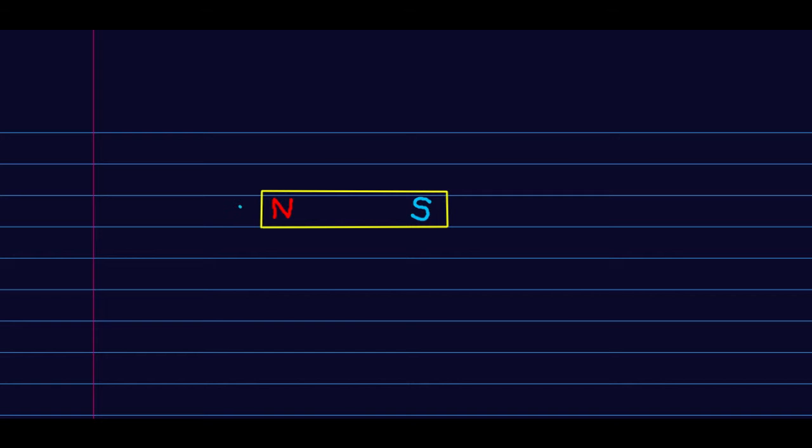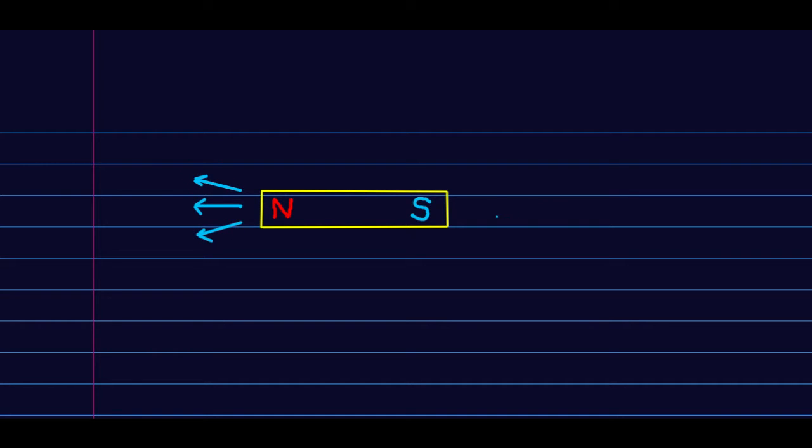So if we put a compass right here, we're going to find that its north-seeking pole is repelled from the north-seeking pole of this magnet, and its south-seeking pole is attracted to it, and so the compass would point this way. That is the direction of the magnetic field at this point. Similarly, if we put it here, it would point roughly like this, and so on.